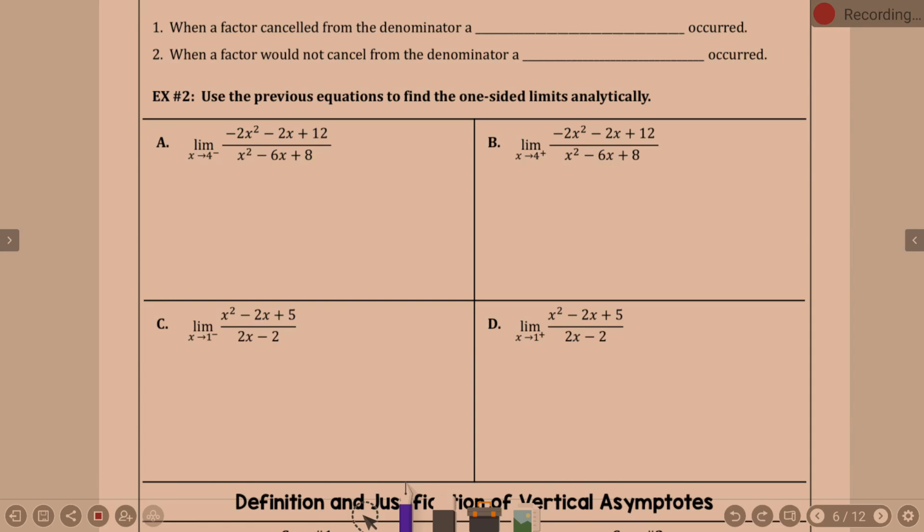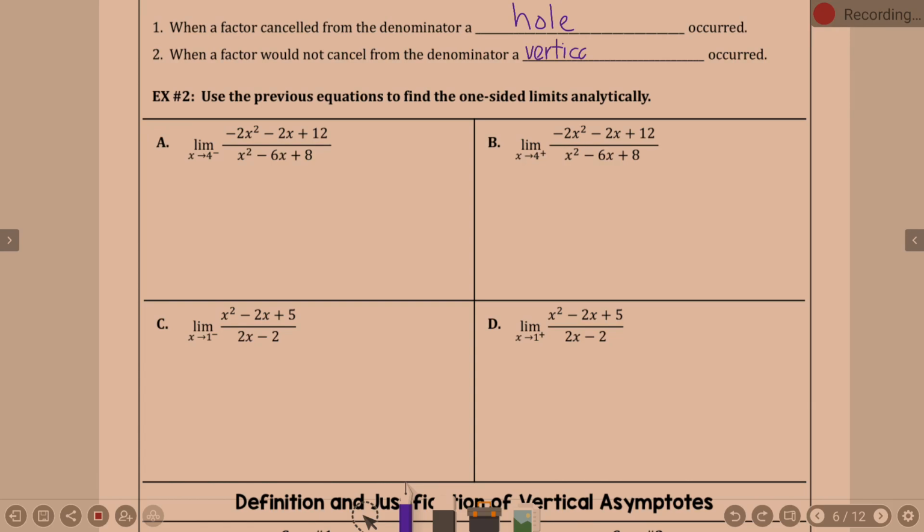Now, before we look at those examples, we've already talked about this. When a factor canceled from the denominator, what occurred? A hole. I do agree, it is a removable discontinuity. When a factor would not cancel from the denominator, what occurred? What type of asymptote?